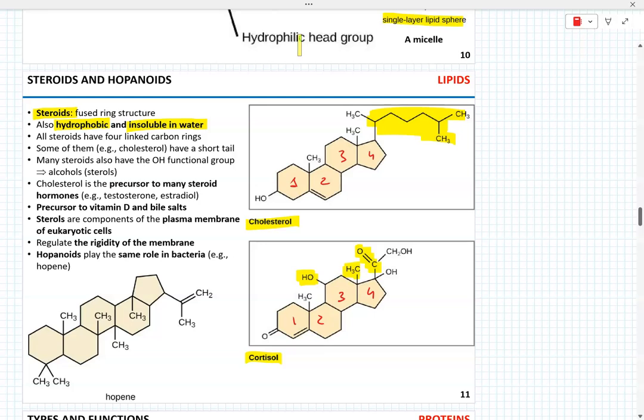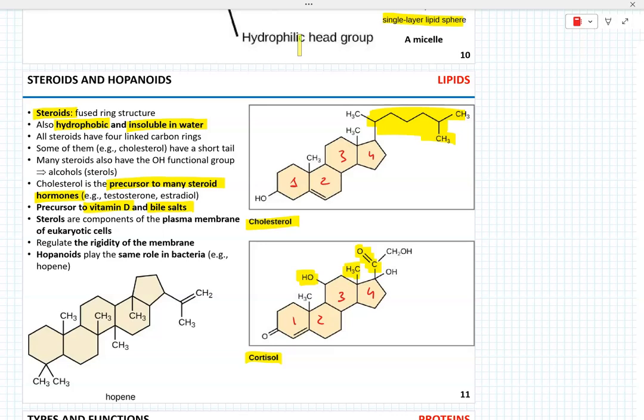And they serve in different capacities in human and other animal cells. Cholesterol, for example, is the molecule which is used to form many steroid hormones, such as testosterone, estradiol, or aldosterone. It is also a precursor for vitamin D and the bile salts, as well as being a precursor in biological reactions.